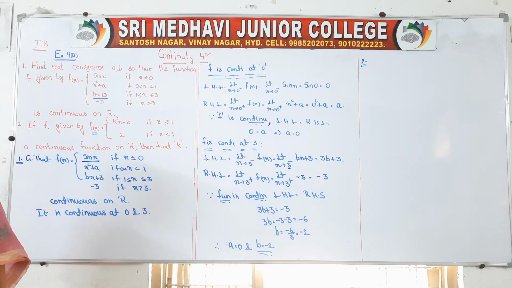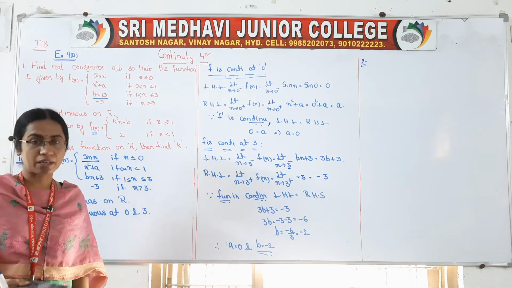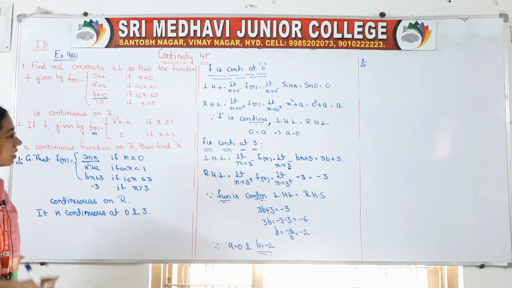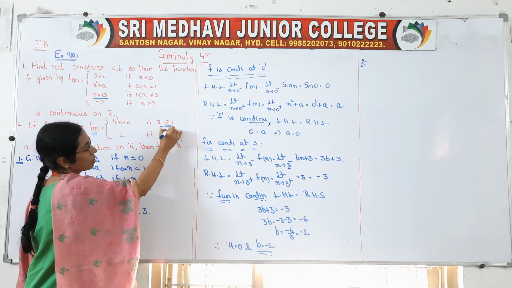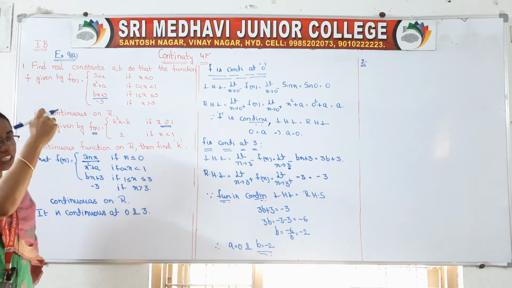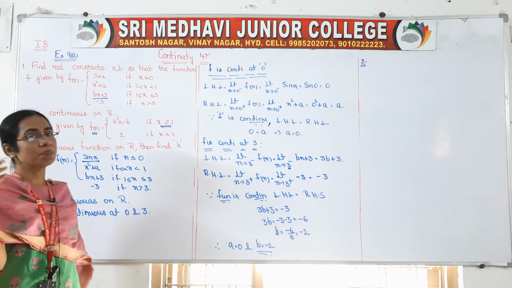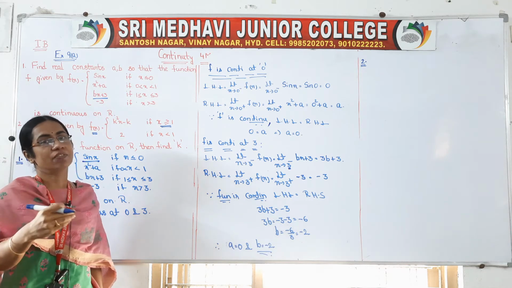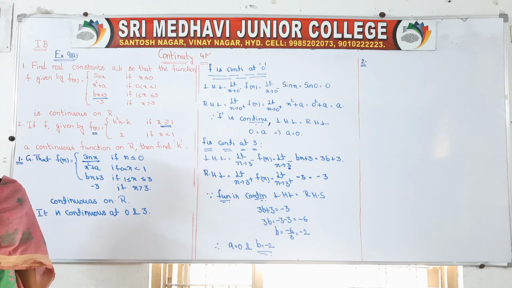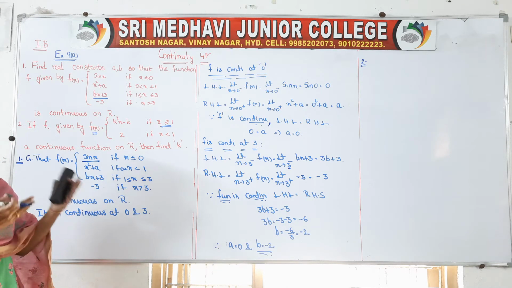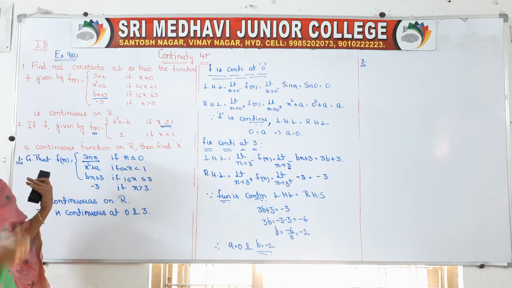Okay, so same thing, continuous function on R means real numbers, but here we got the situation, the function is defined at x greater than 1, x less than 1. So we will take that value as 1, right? Function is continuous at 1. So that function is defined at that place.